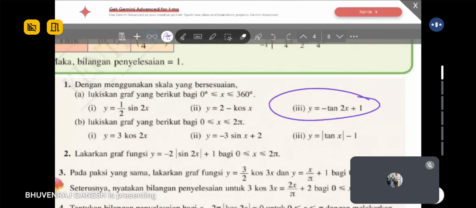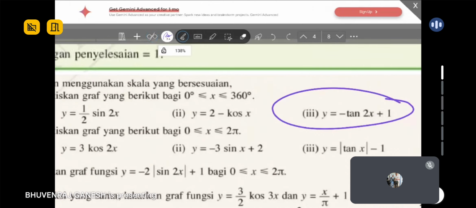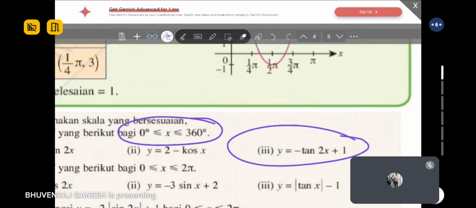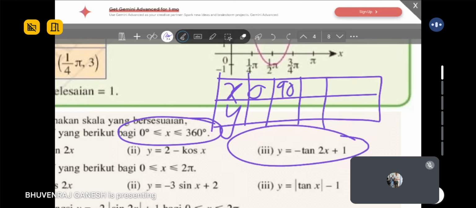Okay, so for tangent, they ask you to draw this graph. Okay, so scale 0 to 360. Okay, so again, you can try to think of your scale. Cuba fikir skala kamu. X, Y. Okay, so I will use 0, 90, 180, 270, and 360.